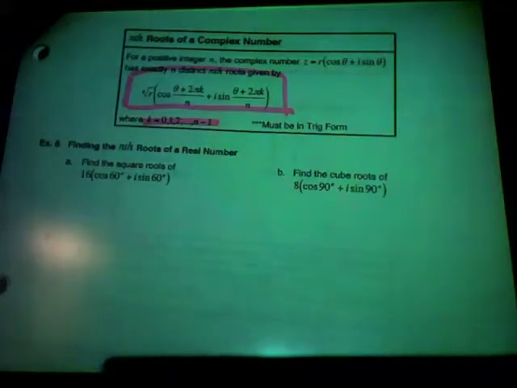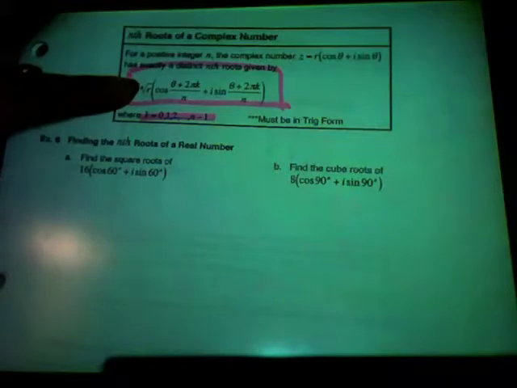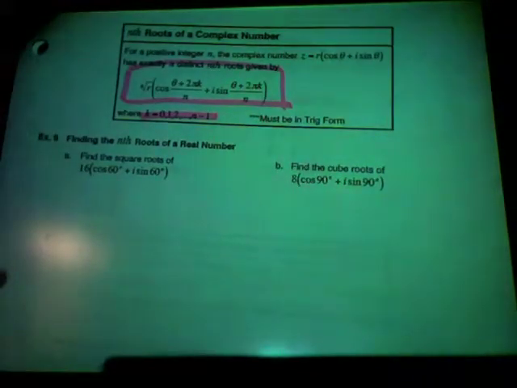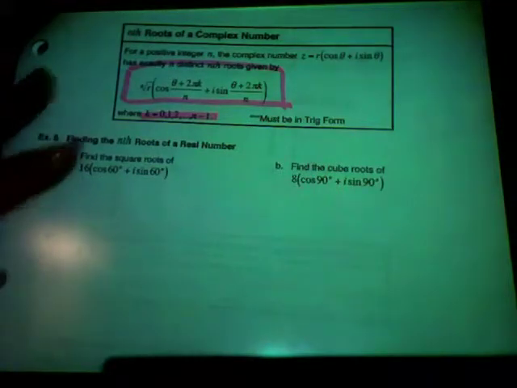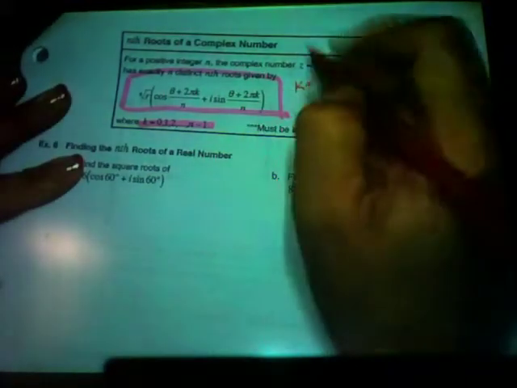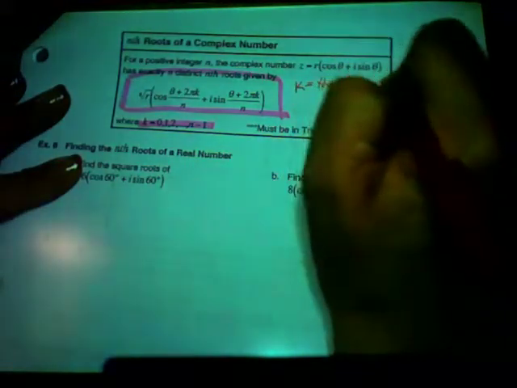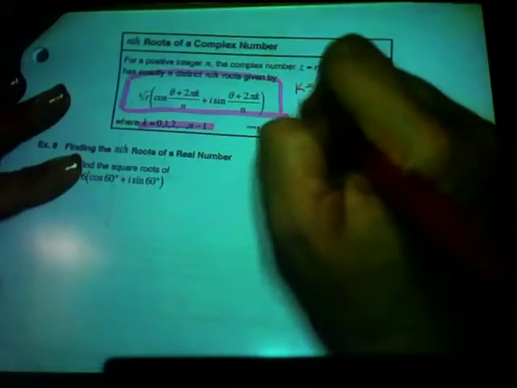These ones become a pain because the bigger the root, the more answers you have to come up with. And for each of your answers, you have to do this with your k. So you might want to add here that k equals the number of roots you are finding.